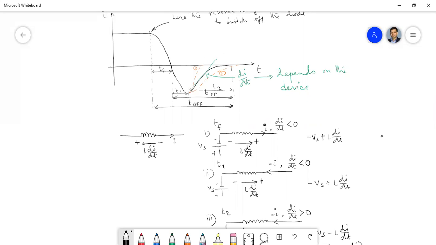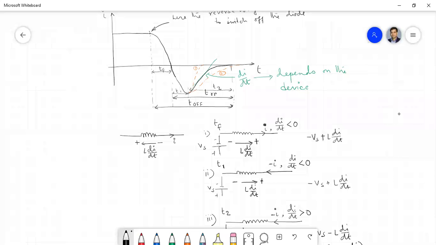I will discuss it in detail in the next class. Suppose you can think of some capacitance across the PN junction. During this negative current, this capacitance is charged in the negative direction, and to discharge this capacitance, we need some time, and that time is t2.